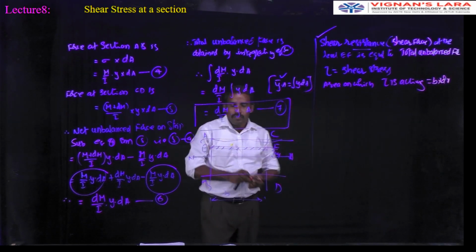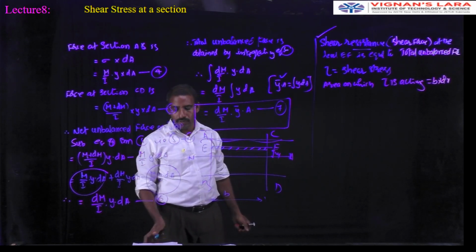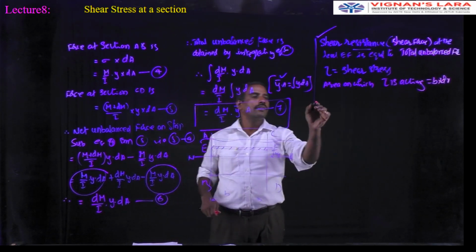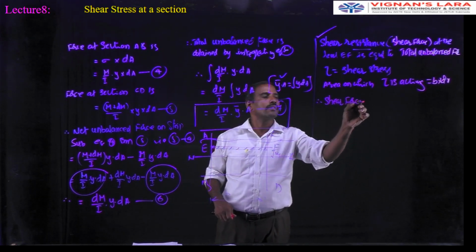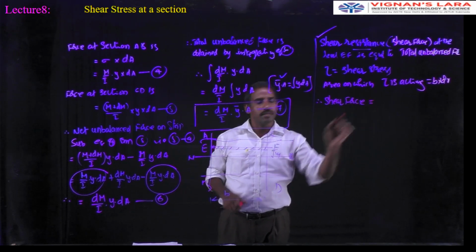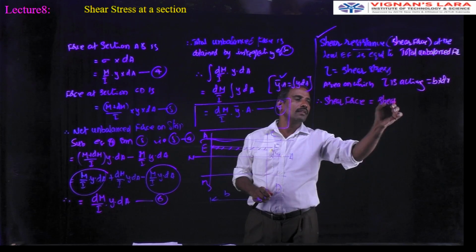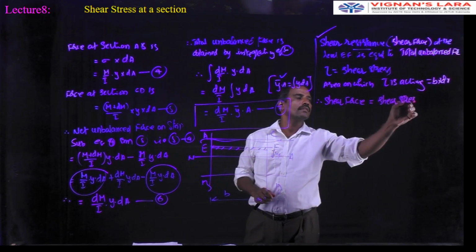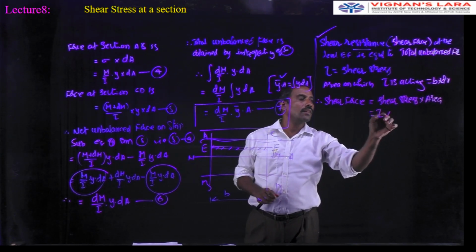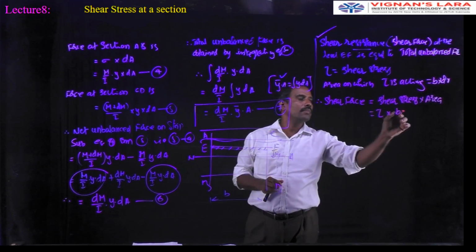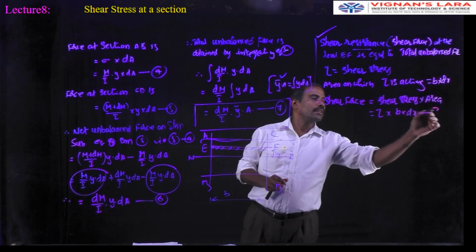So we know the shear stress and the shear area. Therefore, shear force is equal to shear stress into shear area, that is tau into B into dx. So this is equation number 8.